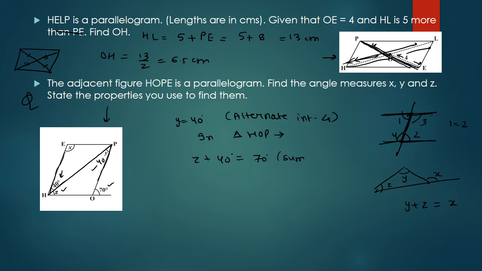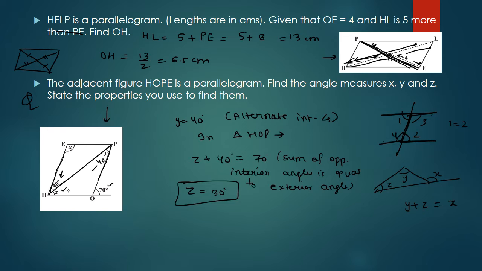Sum of opposite interior angles is equal to exterior angle. You can also call it the exterior angle property. So Z becomes 70 minus 40, that is 30 degrees, right?